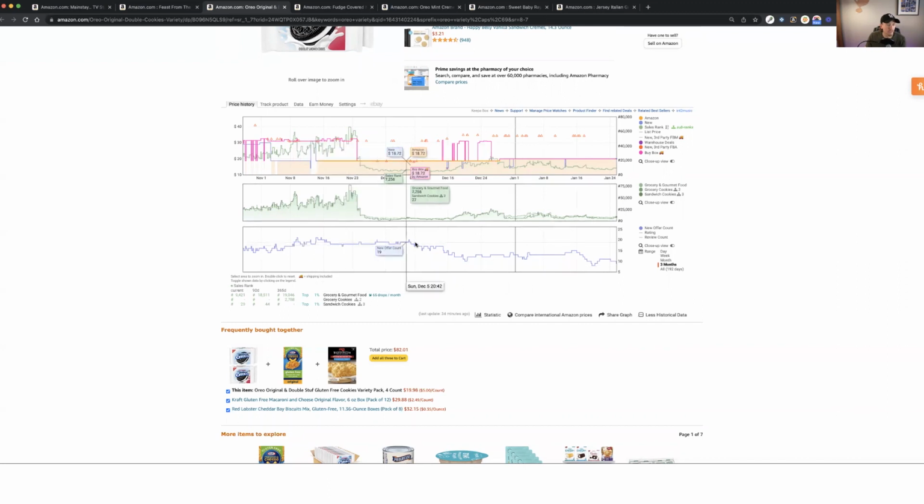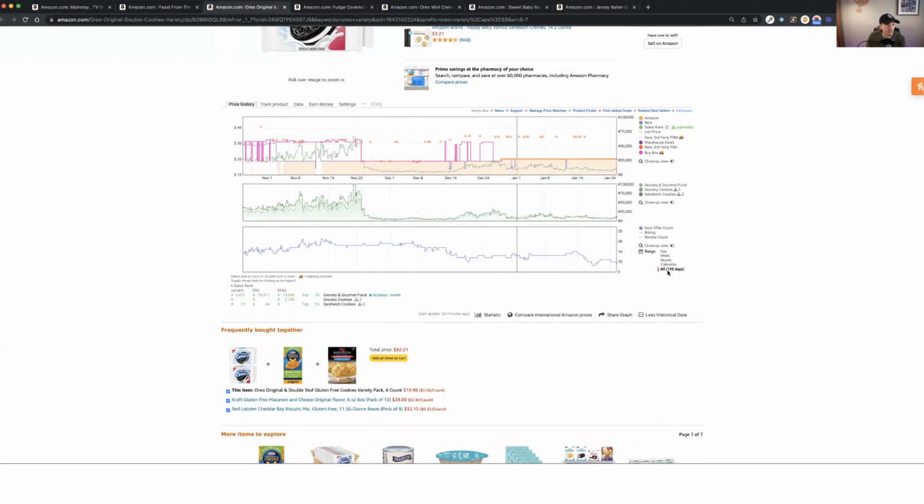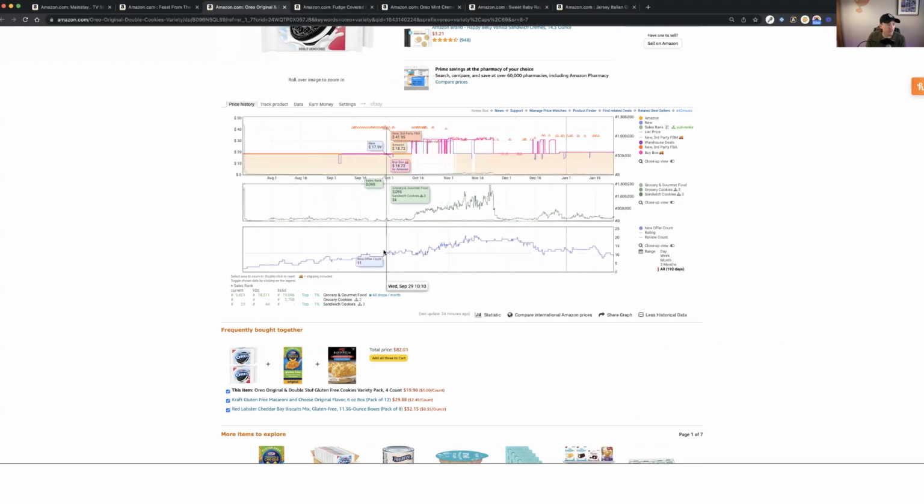You can also tell that some sellers may have either sold out or dropped off the listing, but ultimately the sellers have remained not as fluctuating as some of the other listings we've looked at, right? We could see here, Amazon was on it for a heavy period of time, and the sellers started to climb on that listing because they weren't selling anything because Amazon was. Then Amazon sold out, and so there was a lot of volatility.